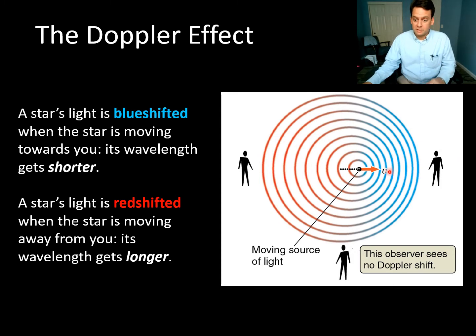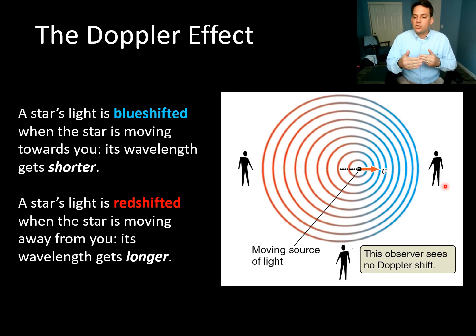So when it emits the second peak, it is a little bit closer to the first peak than it would have been if the star were at rest. The result is that the wavelength that this observer on the right will measure will be shorter than the wavelength that the star emitted at rest.